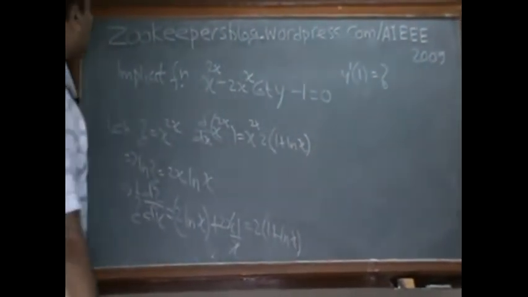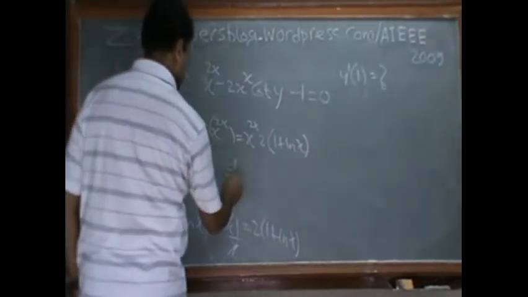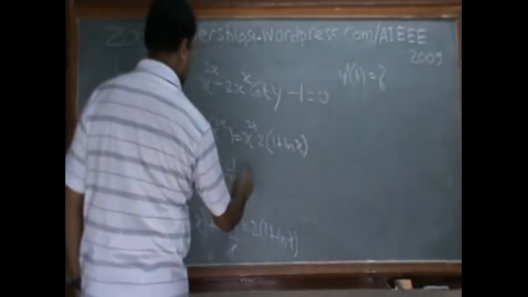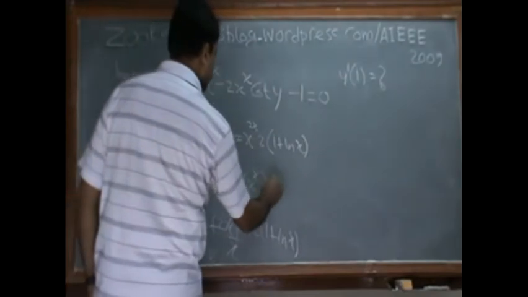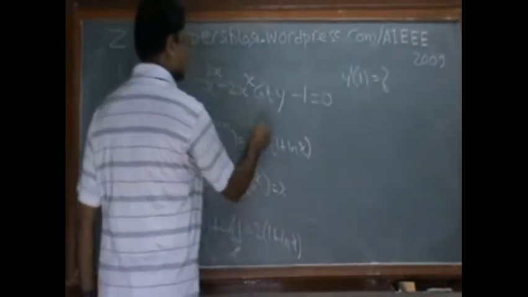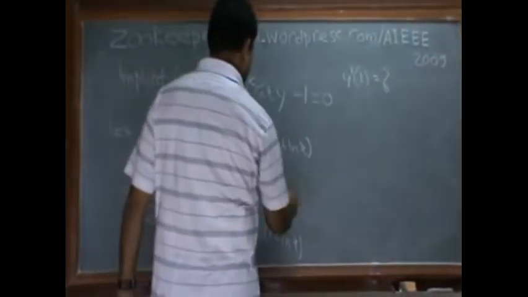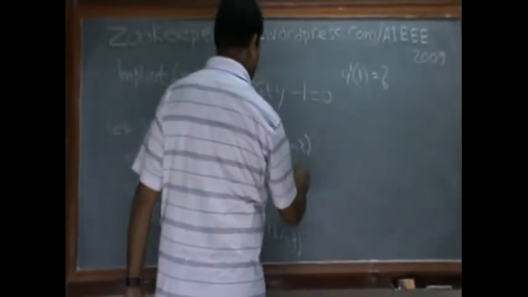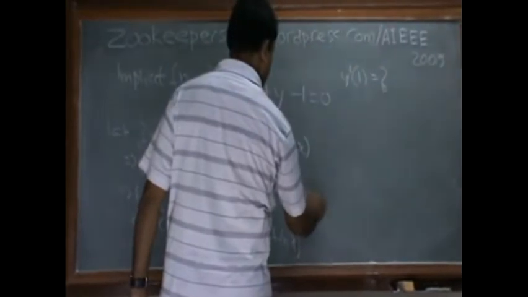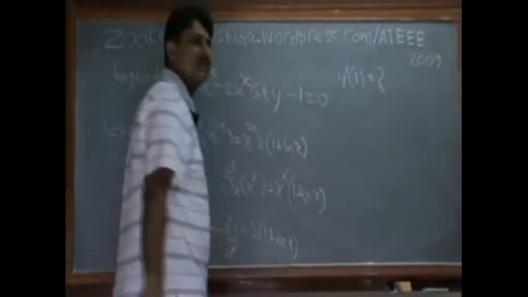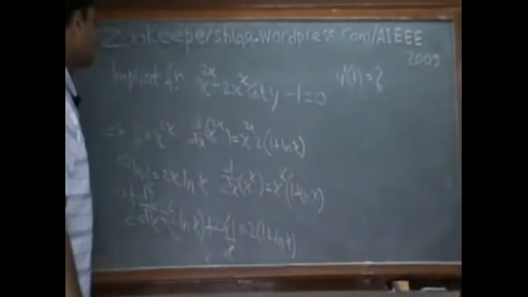This is true. And similarly, d/dx of x to the power x is, only this 2 is coming because of the 2 in the power, so it is x to the power x into (1 plus ln x). It is easy to guess this if you don't remember; it takes a few seconds to do it.